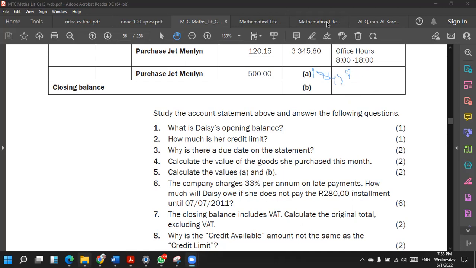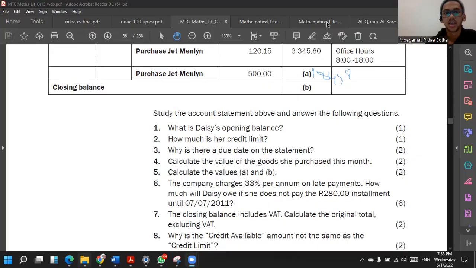So let me stop sharing. I'm going to share a whiteboard quickly. Okay, so this is how it works. With VAT, it's very, very simple. So let's say we have VAT, let's use 14%.